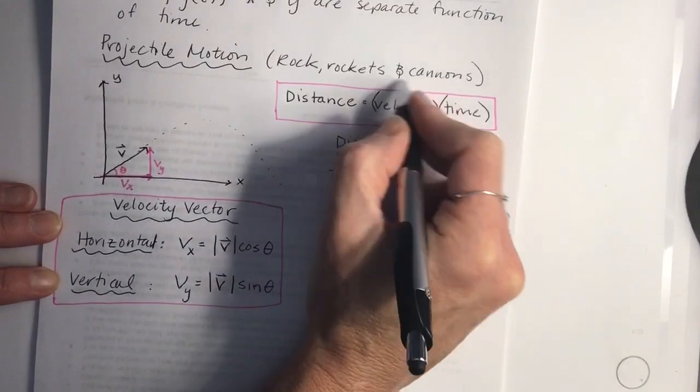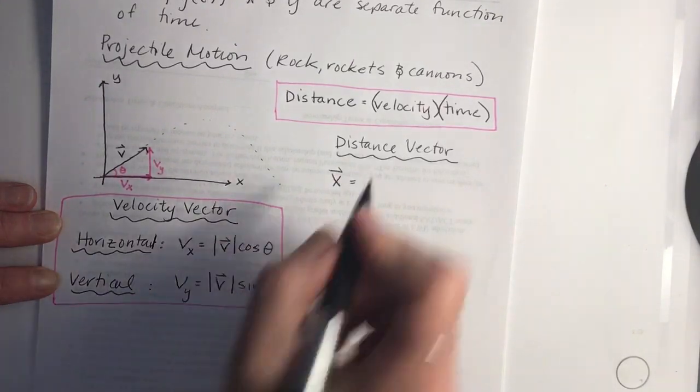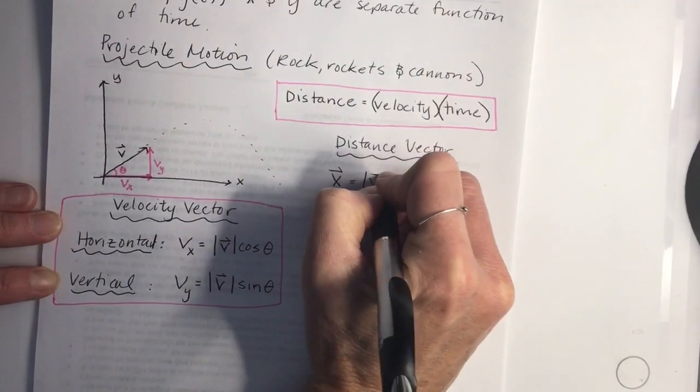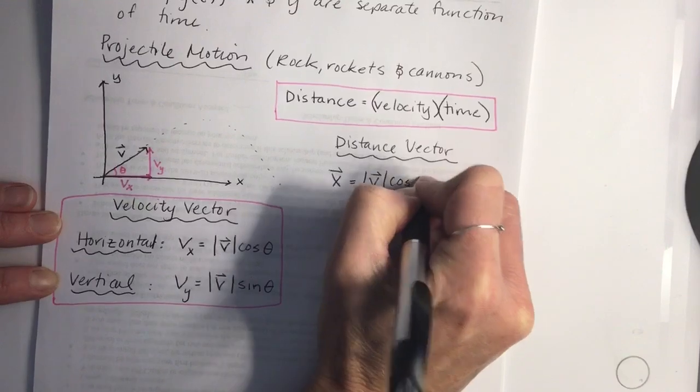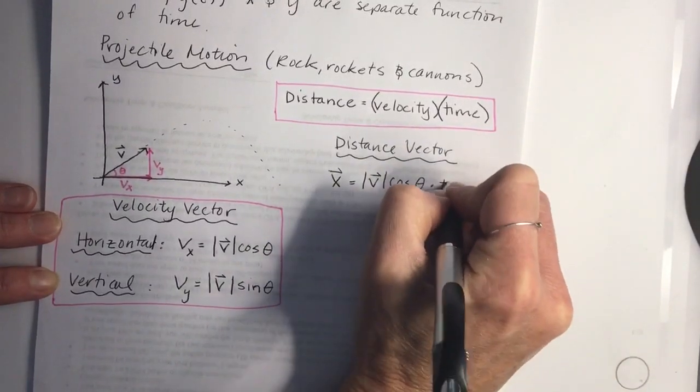So that's going to be the velocity, which is here, right? V sub x, which is the magnitude of v cosine of theta, and then we're going to multiply it by time, times t.